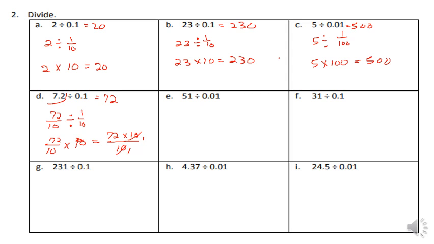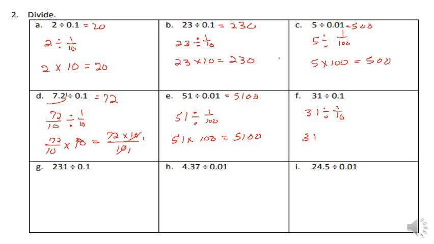51. So now I have a whole number 51 divided by 1/100, which is 51 times 100. And we know that would be 5100. Under F, we've got 31 divided by 1/10.